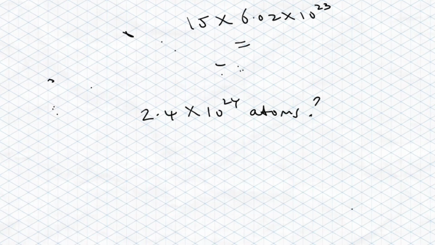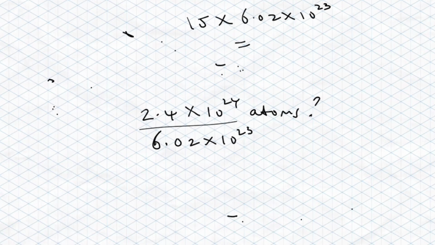Now, that means I'm converting back to mole. What am I going to do? I told you MD. When you are going to mole, you divide. I hope you guys are getting me. So you basically divide by 6.02 times 10 to the power 23.